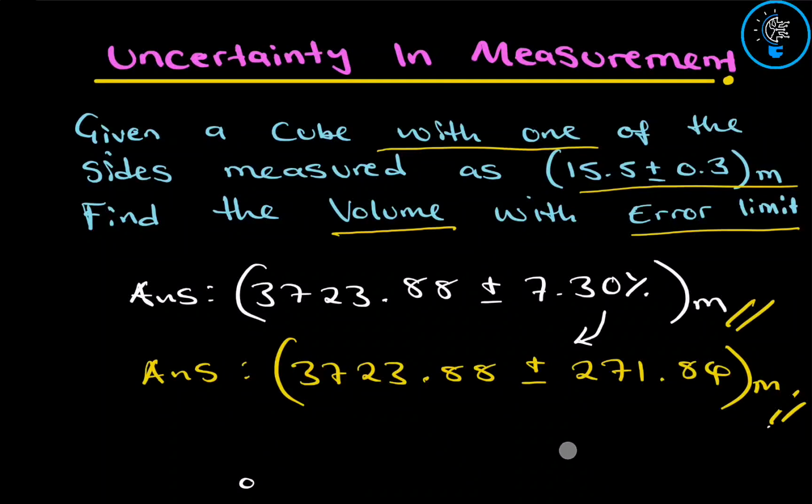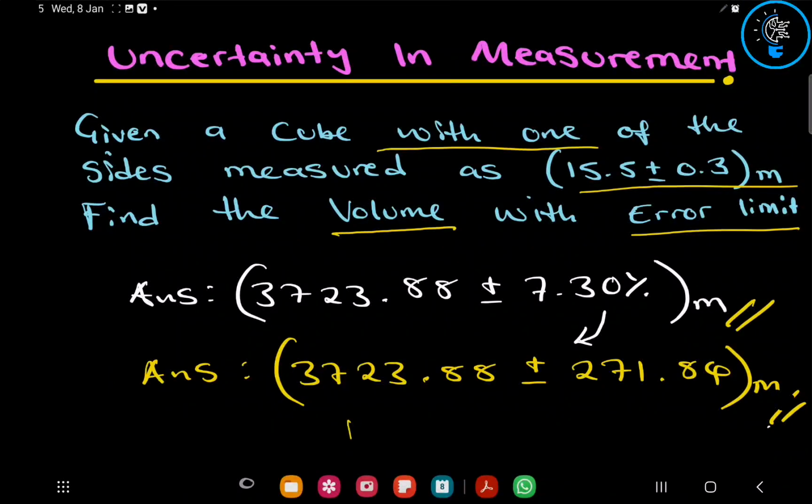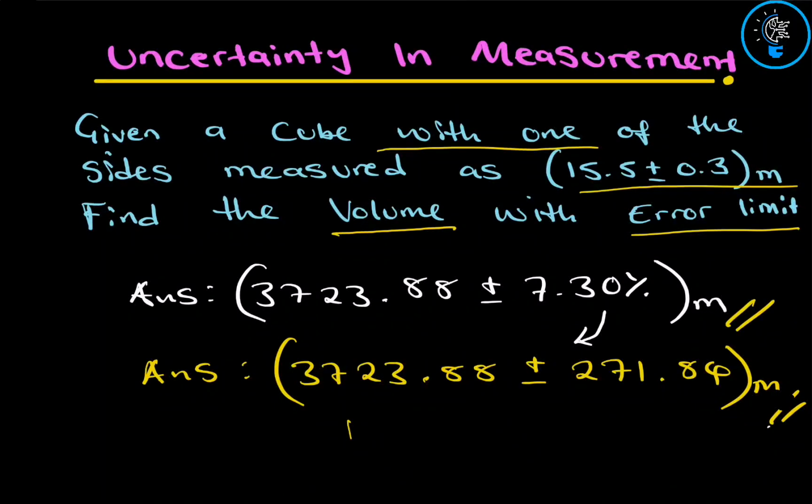Now this time, let's use the formula that has a power. Let's say we use V is equal to L to the power 3. How do you go about it?